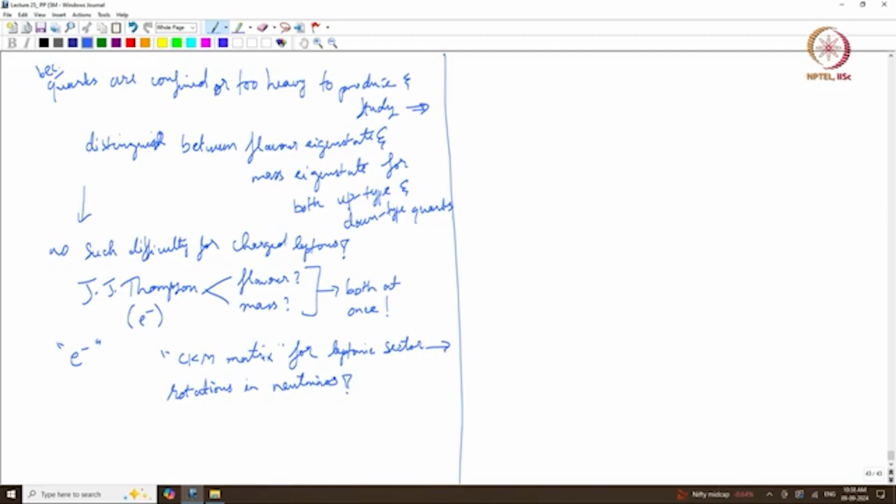By rotations I mean flavor space rotations, not real space rotations of course. Put everything in the neutrino sector.